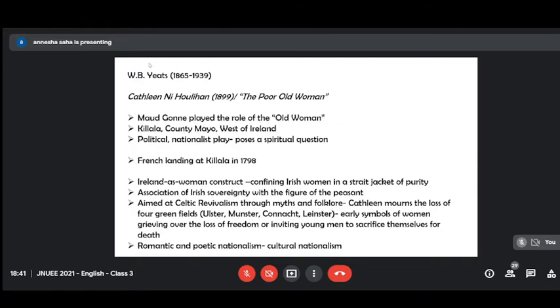Now, I'm talking about William Butler Yeats specifically in the context of the Irish Dramatic Revival, but you should also know that Yeats writes a lot of poetry as well, and mostly the themes of his poetry would be the political goings on of Ireland during his life. He also uses a lot of symbolism in his poetry, the kind of symbolism that is attached with Celtic folklore, with Celtic culture.